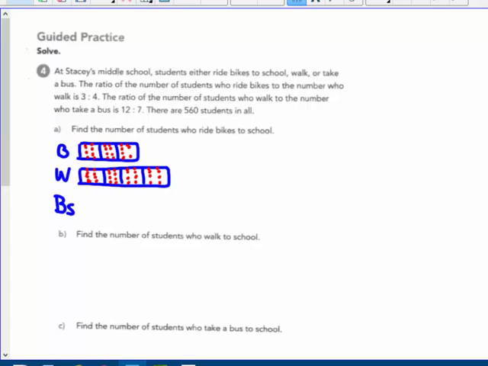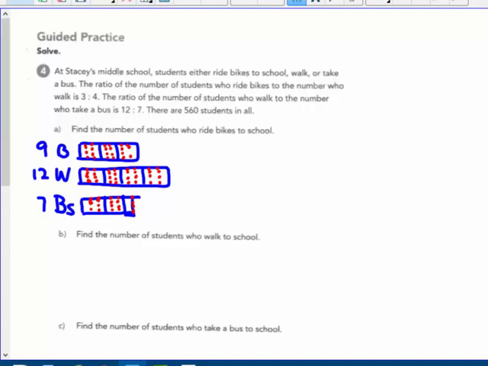So there are 12 here to 7. So here's my thirds. So I have biking is now really, riding your bike is 9, walking is 12, and taking a bus is 7.